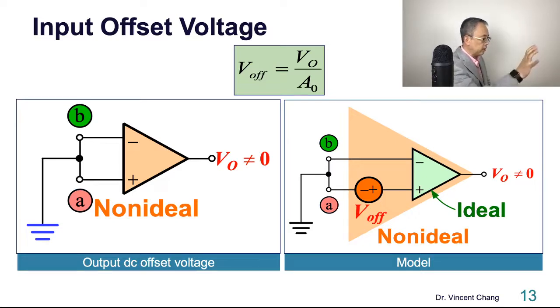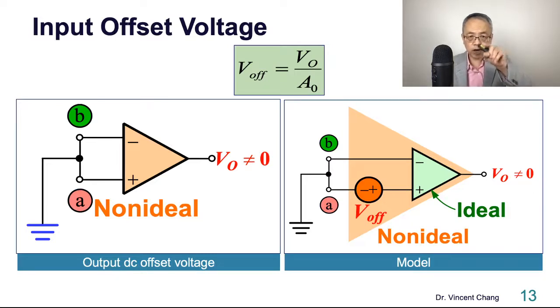generated by an imaginary input offset voltage, and going through the op-amp it has to be multiplied by the DC gain. Okay? So this equation is better interpreted as the input offset voltage times the DC gain.